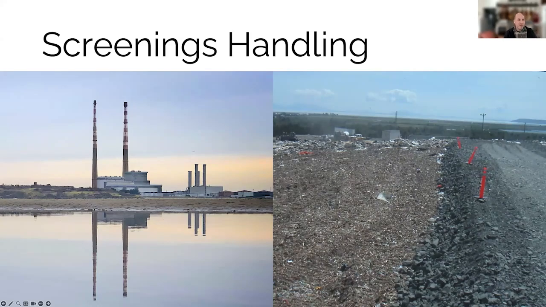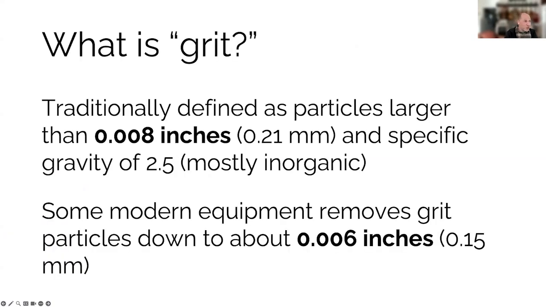So that covers all of the big trash. What else is left after that? Well, sand and grit. So let's talk a little bit about the grit removal process. First off, what is grit? It's typically defined as particles that are somewhat bigger than 0.2 millimeters, so 8/1000 of an inch, and typically mostly inorganic.